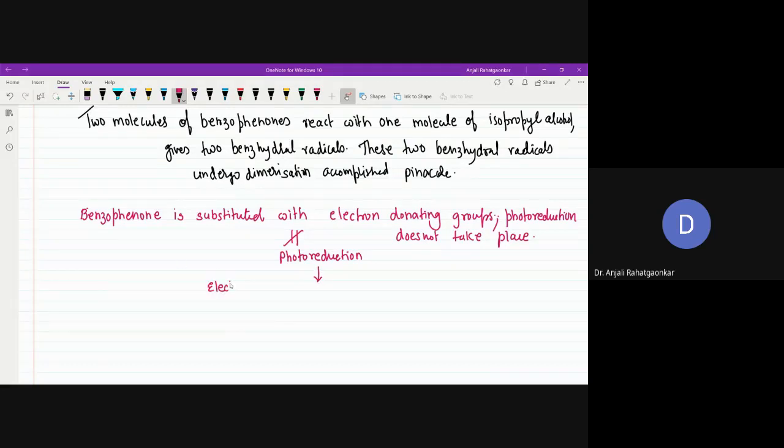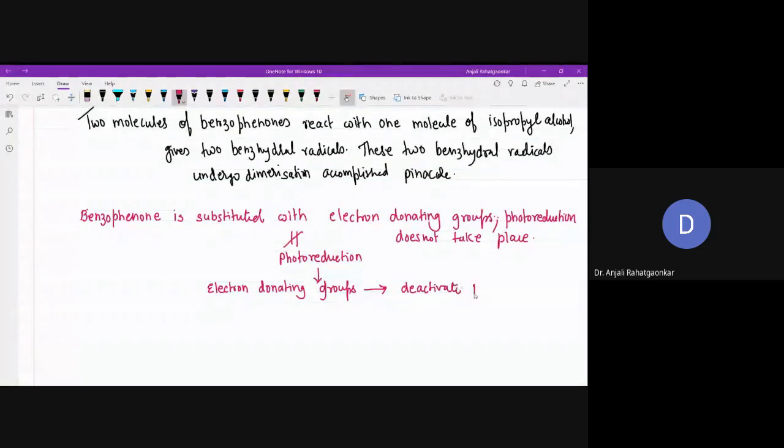Electron withdrawing groups, sorry, electron donating groups deactivate the benzophenone ring.